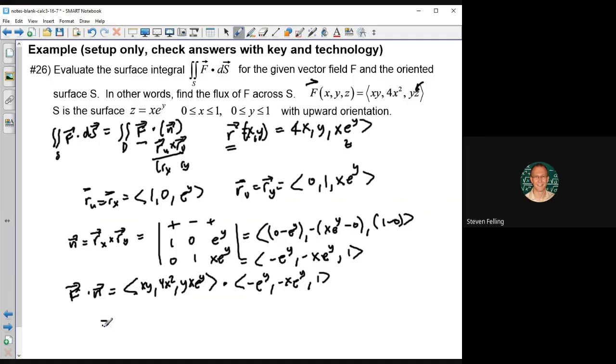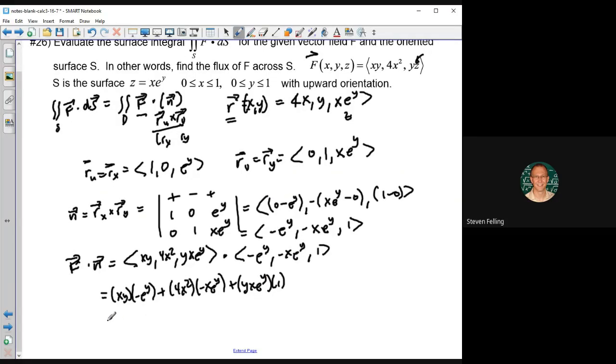So I'll do the dot product. That's going to be xy times negative e to the y, plus 4x squared times negative x e to the y, plus yx e to the y times 1, which will be negative xy e to the y minus 4x to the third e to the y plus xy e to the y.